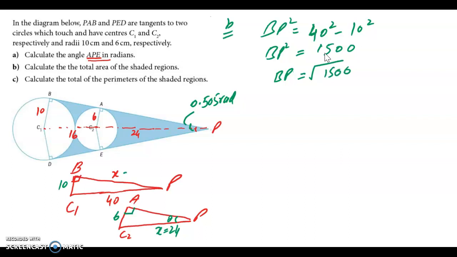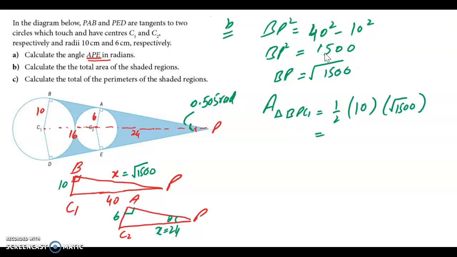Now we know this side, and then we can find the area of this triangle, the triangle BPC1. Since this is a right angle triangle, it's half base times height, so half times 10 times the square root of 1500, which becomes 5 root 1500 centimeters squared.